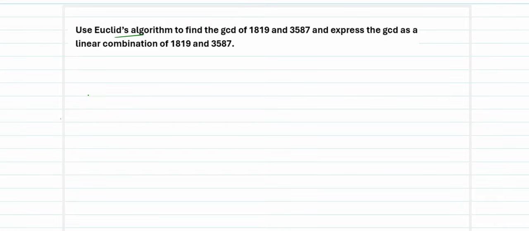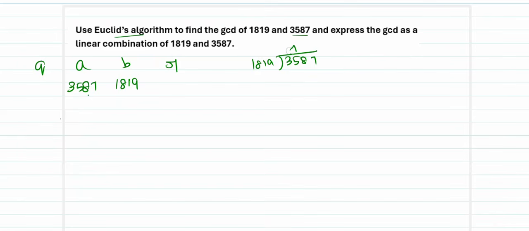So to find the GCD, what we do is we begin with our Q, A, B, R format. Let A be the biggest of the numbers, 3587, and the smallest number be 1819. When I divide, how many times this 3587 can be divided by this 1819?